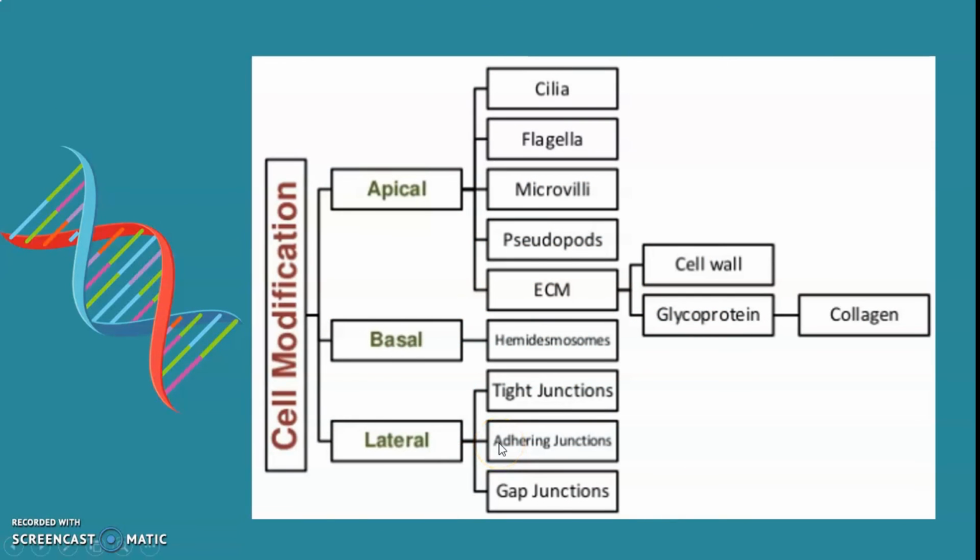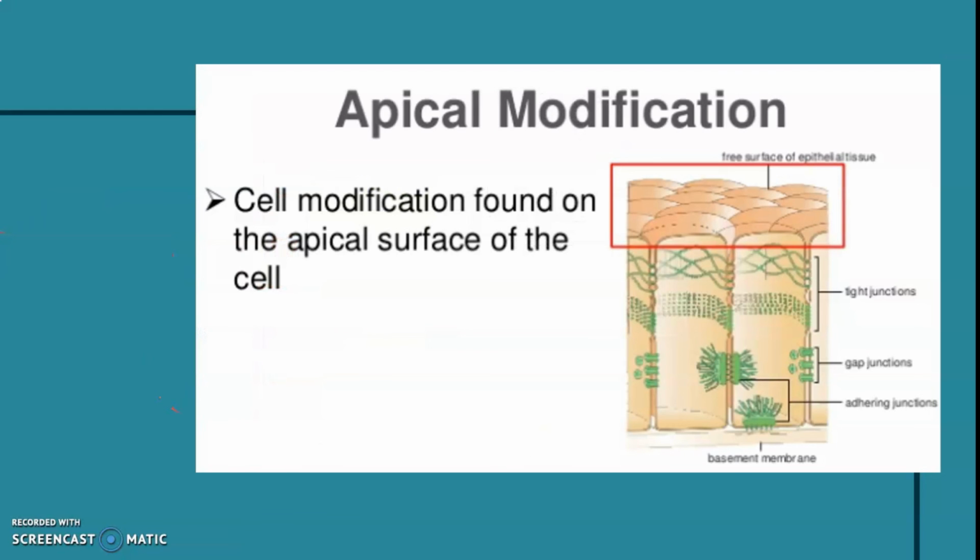Cell modification could be apical, basal, or lateral, yet we will only focus on apical cell modification. Apical modification is specialized to carry out functions that occur at these interfaces, including secretion, absorption, and movement of luminal content.